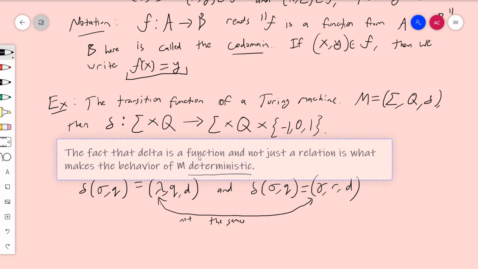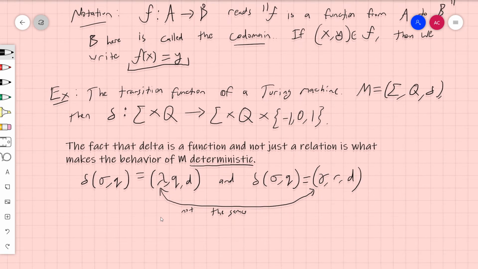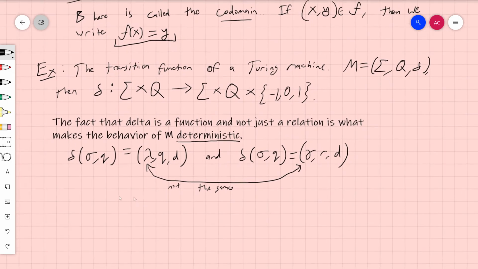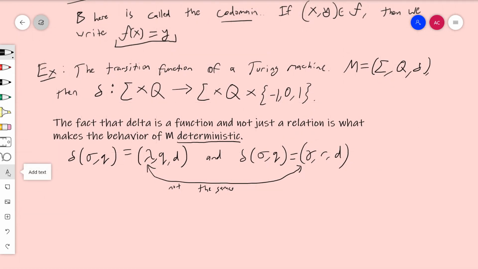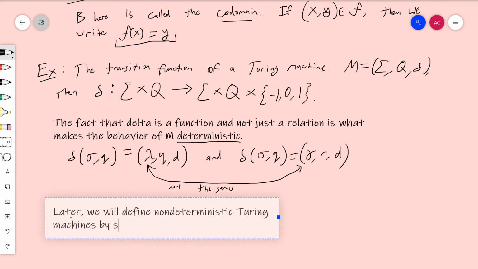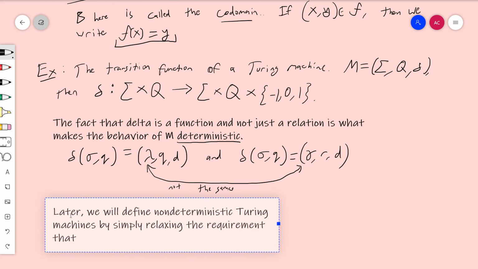because it's what makes M a deterministic machine. It's what makes M deterministic, and in fact, our definition of a non-deterministic Turing machine, which is how we'll define the class NP, and non-determinism is a giant part of computability theory. Later, we will define non-deterministic machines by simply relaxing the requirement that delta be a function, to simply being a relation.